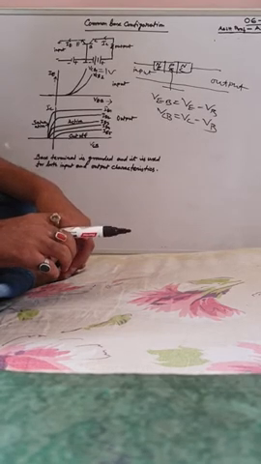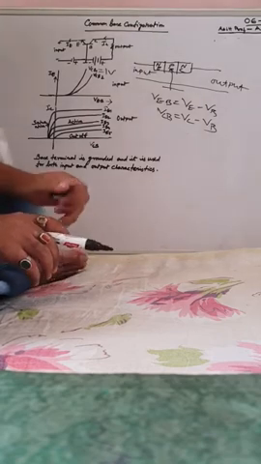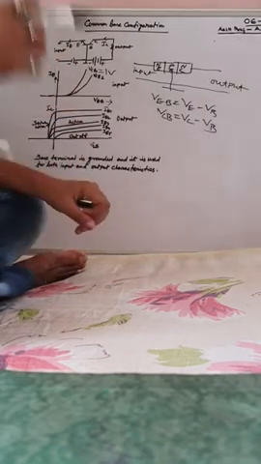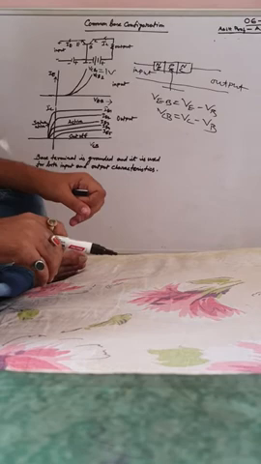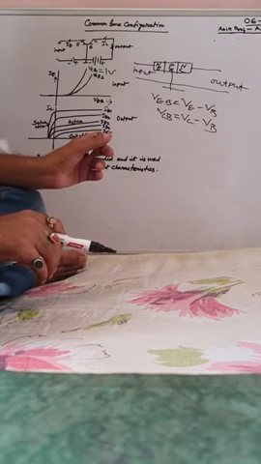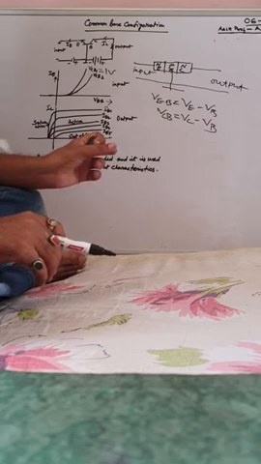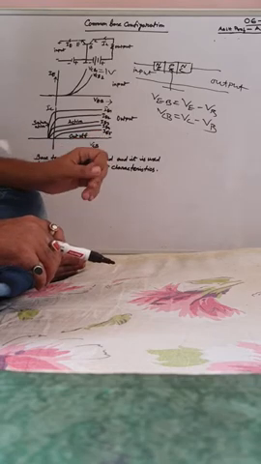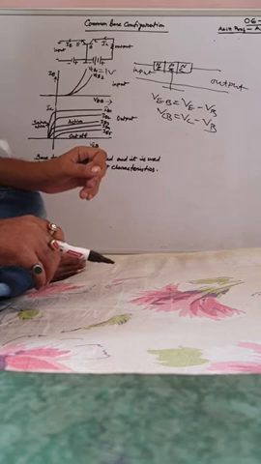Now the collector base junction is reverse biased. If you increase the reverse bias voltage, most of the base region will be covered by the depletion region. Once the base is fully covered by the depletion region, the base current flow will be zero.